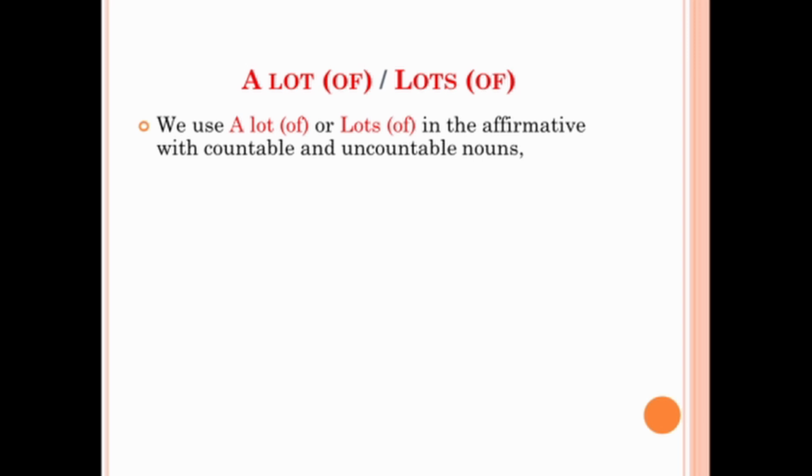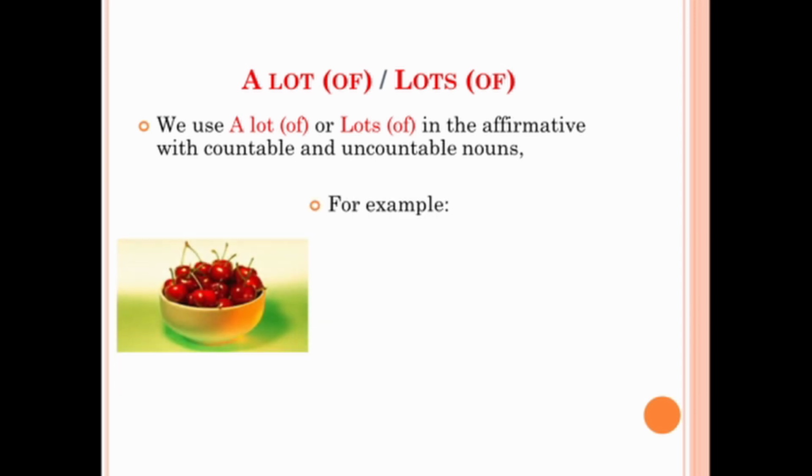One of the most used quantifiers in American and British English is a lot of or lots of. Why? Don't ask me, just use it. So, we use a lot of or lots of in the affirmative with countable and uncountable nouns. For example, can you imagine the sentence?